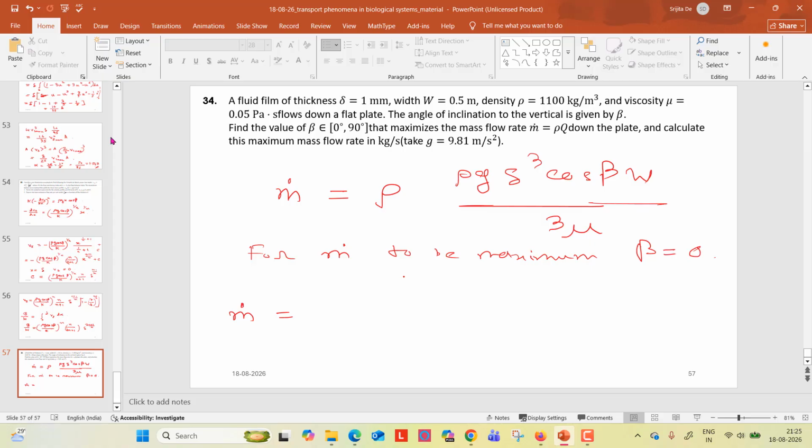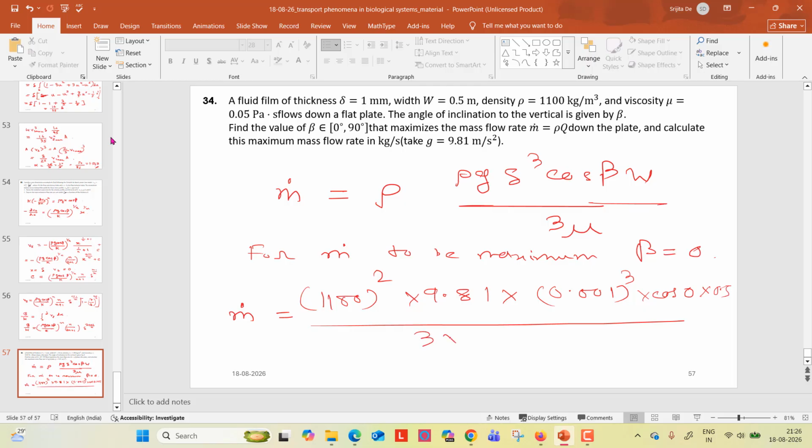Okay, so m dot will be rho square. Rho square is 1100 square into 9.81 into 0.001 whole cube into cos 0 into 0.5 divided by 3 into 0.05.